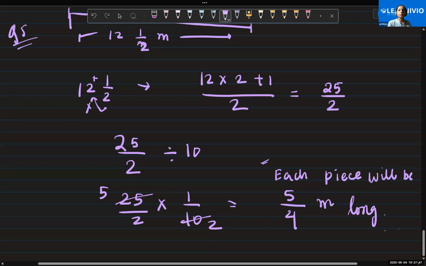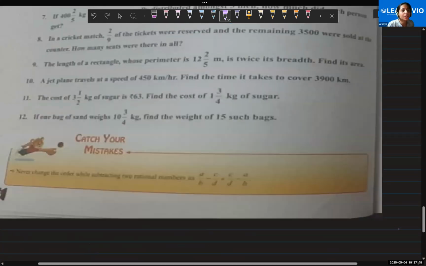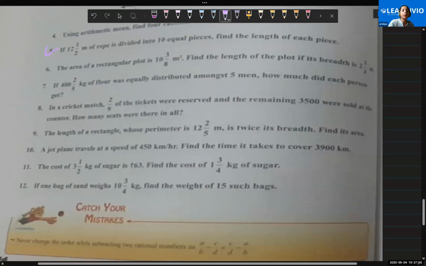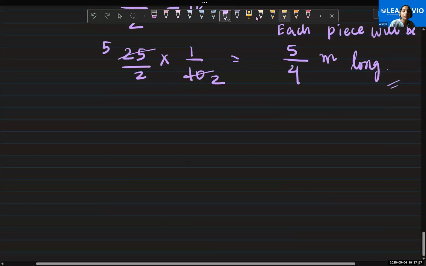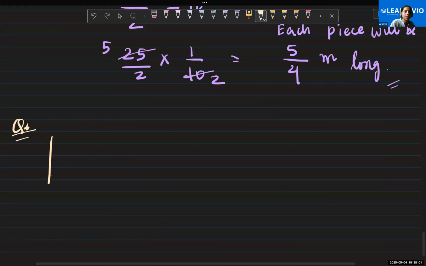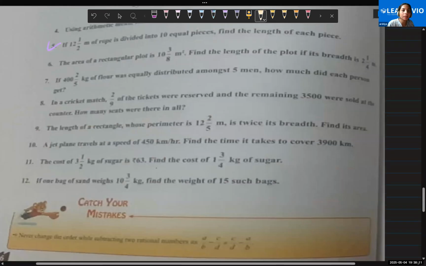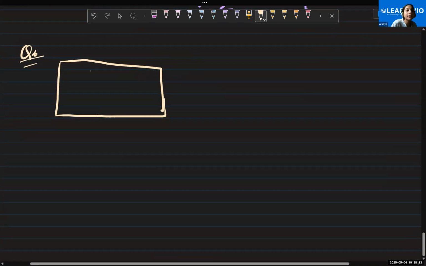All right. Next question. Question number 6. They're saying that the area of the rectangular plot is 10 3 by 8 meters square. So let's make a rectangle first. So question number 6, we have a rectangle, basically a rectangular plot, and the area was how much? 10 3 by 8.